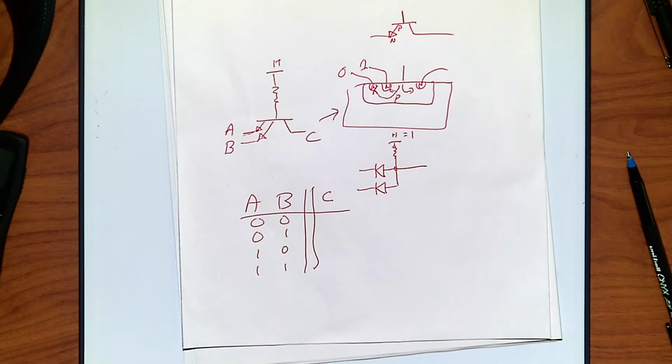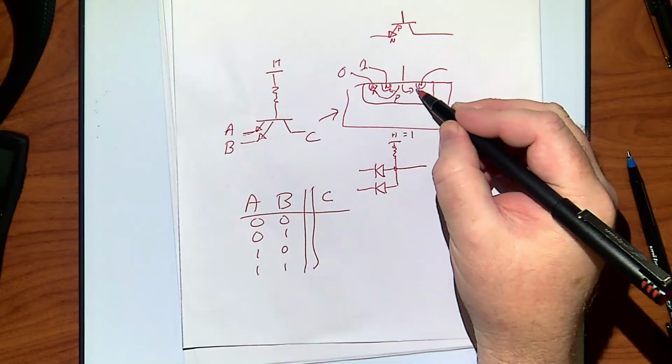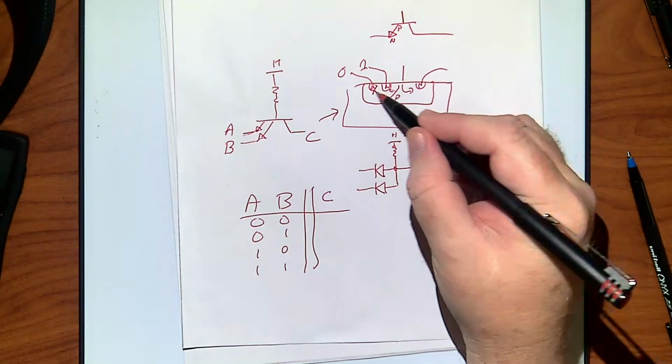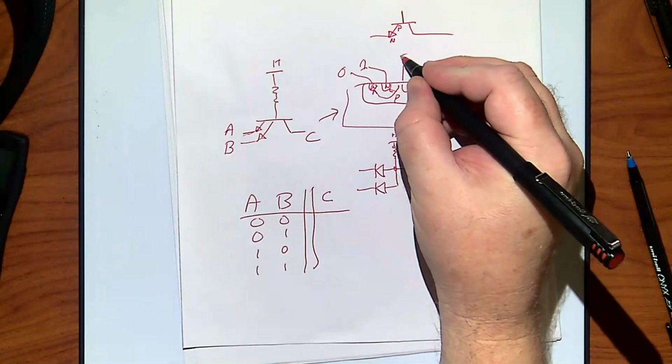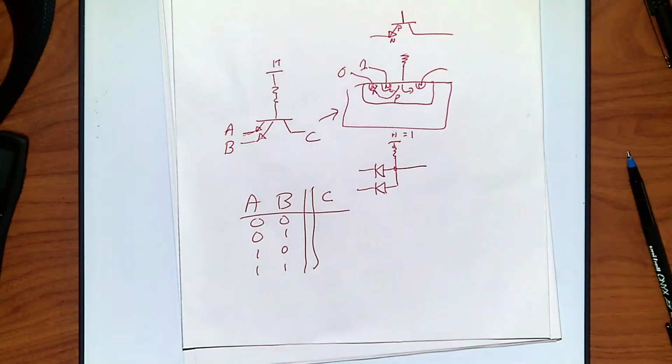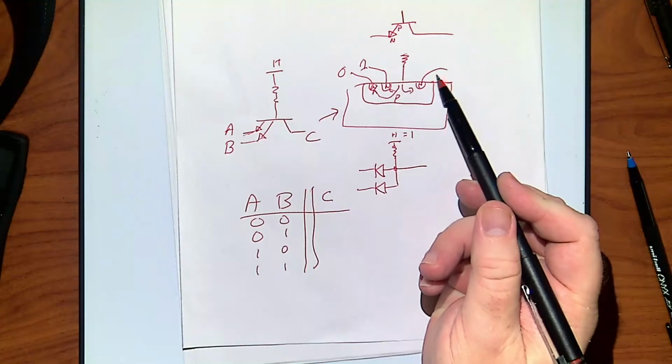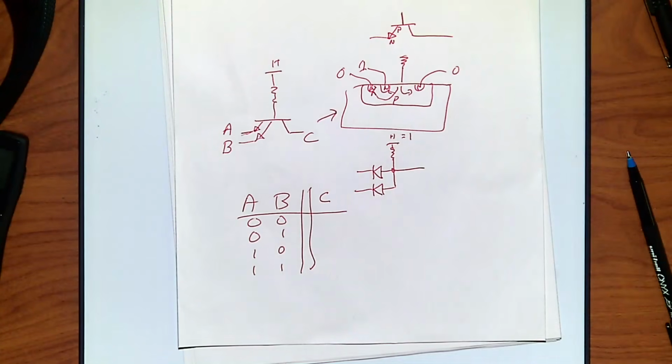But this one being removed means now I've got this all flowing here, and I've got a weak one because it's hooked to a resistor, so it'll limit what it can do. And I've got a stronger 0 over here, so it's going to pull this one down. So I get a 0. In truth, it'll probably be a little bit above 0, probably less than 1 volt, but still low enough that we can count it as a 0.